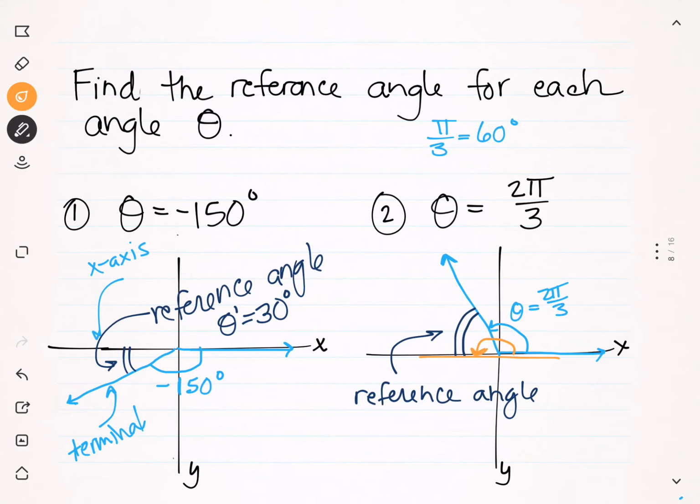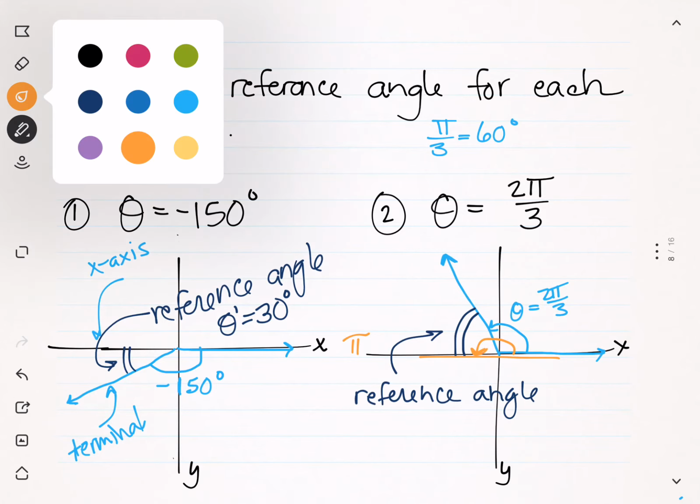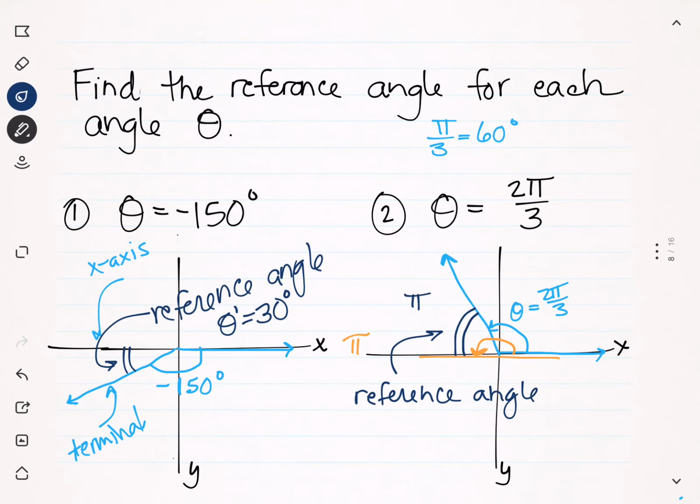And we learned from the unit circle that 180 degrees is the same thing as pi radians, okay? So you can think about it like we have 2/3, but I want to get to 1, so how many more thirds do I need to go? I need to go 1 more third to get to 1. So the reference angle is going to be pi over 3. So pi over 3 plus 2 pi over 3 gives me 3 pi over 3, which is 180 degrees. It's pi radians. It's the same thing. Okay?